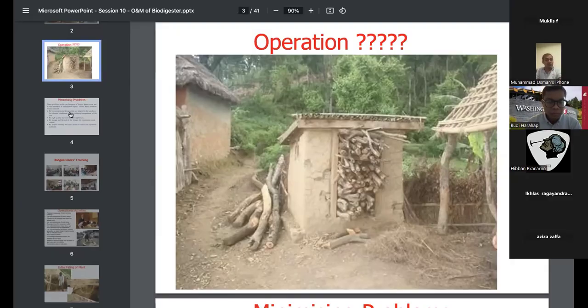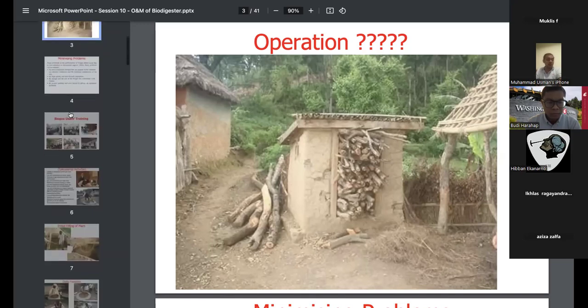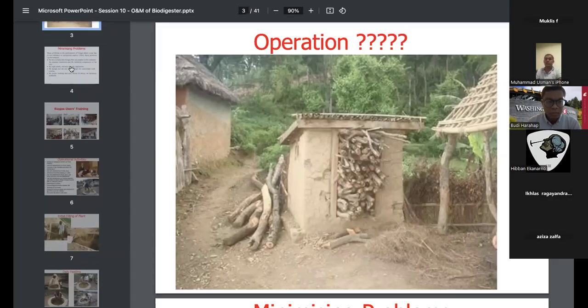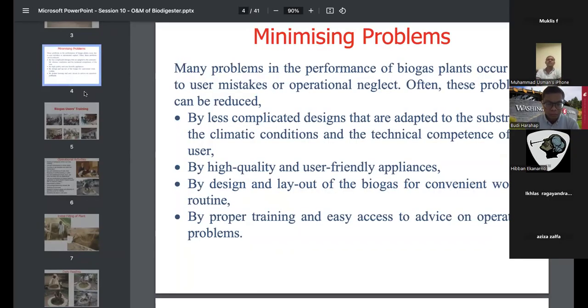Why did that technology fail? Because the mason was not an expert, and similarly the operation and maintenance of the biogas plant was not done properly. So these are the problems which we faced in that project.